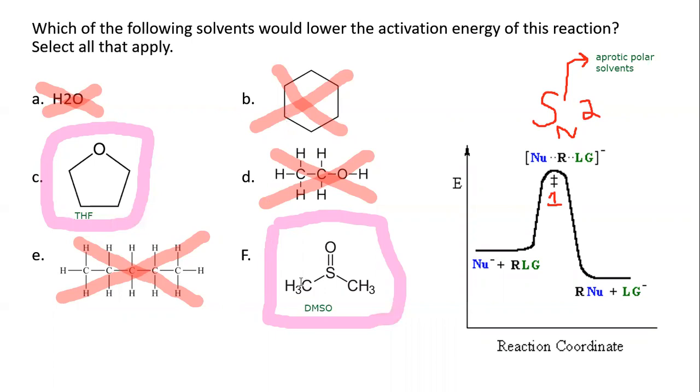So just to recap, a lot of things covered, let me summarize. SN1 reactions are a two-step reaction. Let me back that up. For SN1 reactions, this is a two-step mechanism.